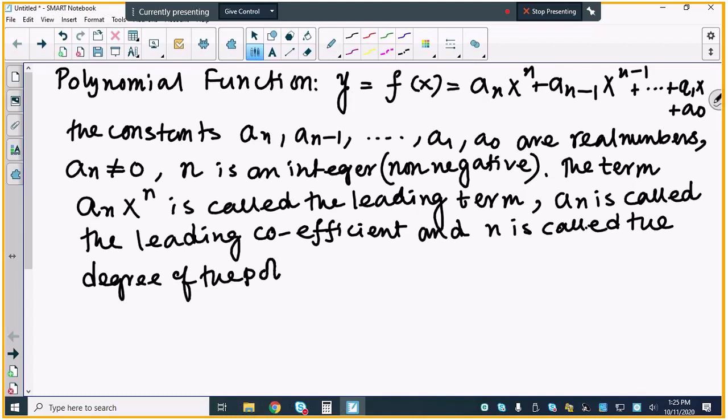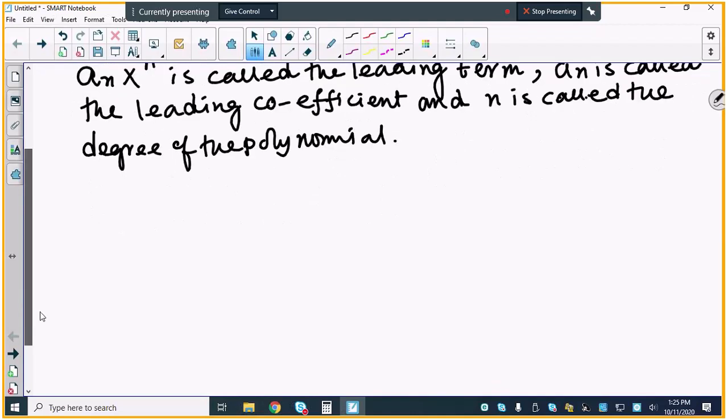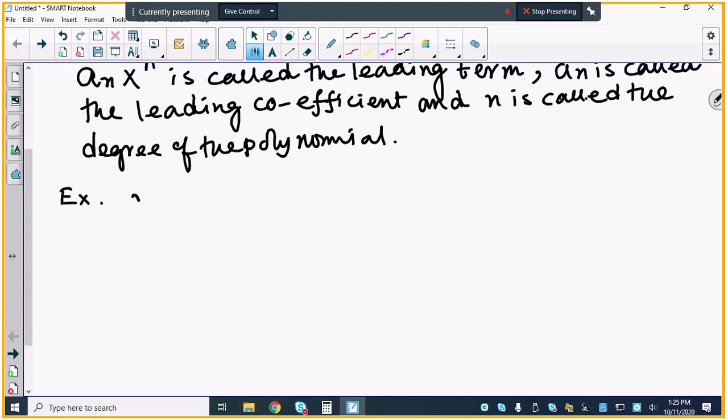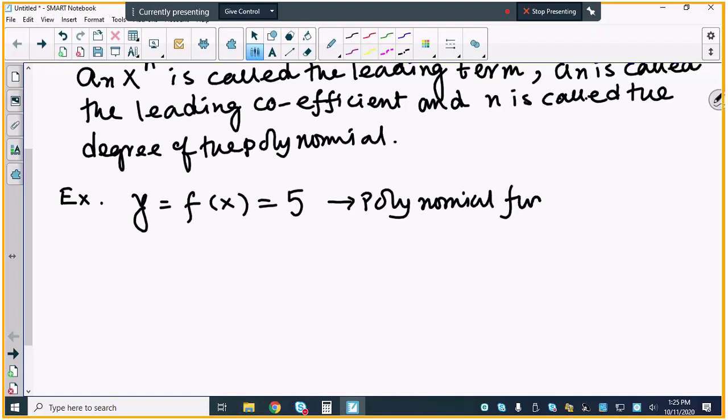I said that these are functions that look like a straight line or a parabola, and even more. So we'll talk about 3 special types of polynomial functions before we dig in deeper. Example 1 is y equals f(x) equals 5. So 5 is just a constant. This is a polynomial function of degree 0.